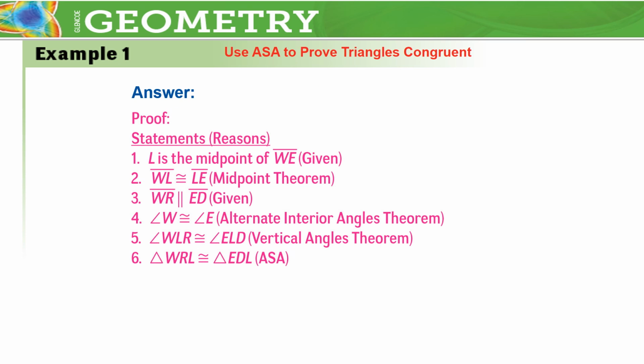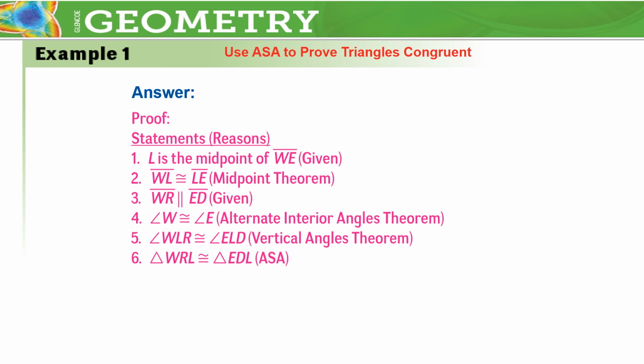Here, L is the midpoint, given, so you will have two parts equal, WL equals LE, and you have parallel, so you have angle W equals angle E, alternate interior. And you have two angles which are vertically opposite angles. You can write VOA only.